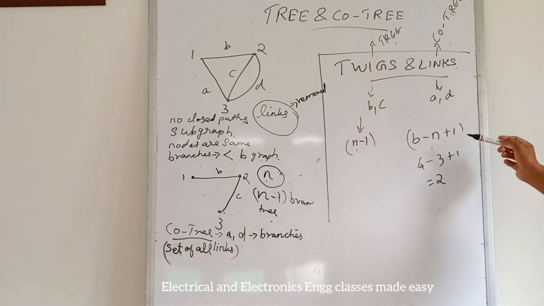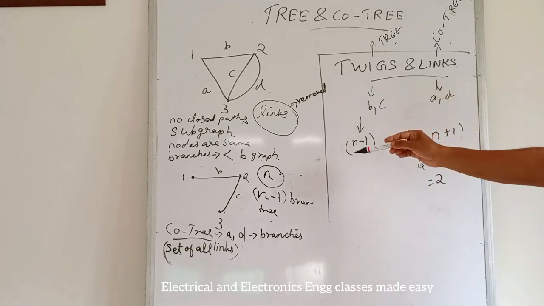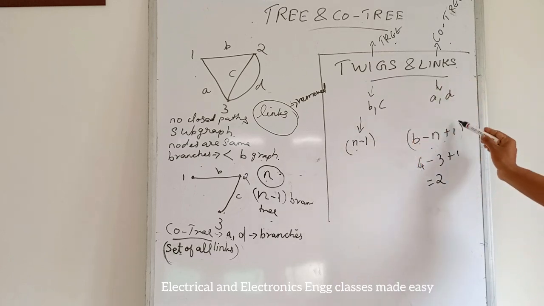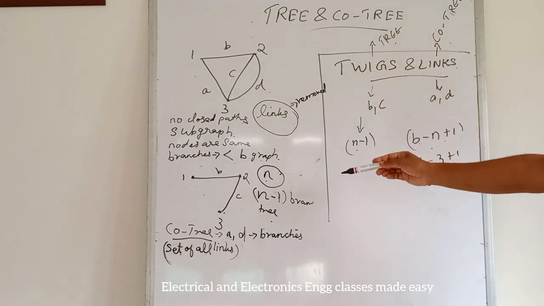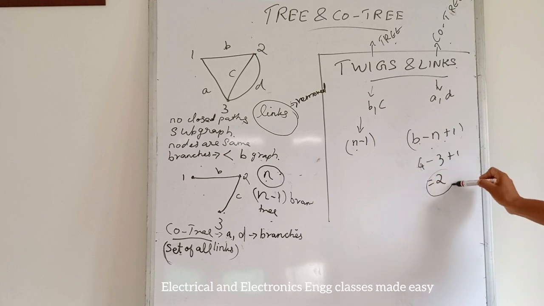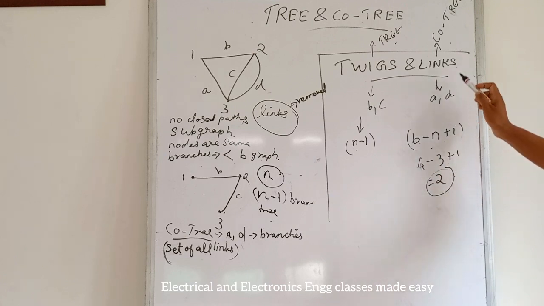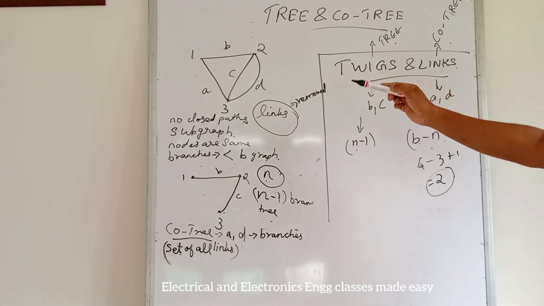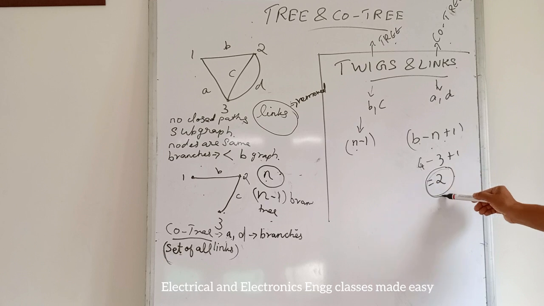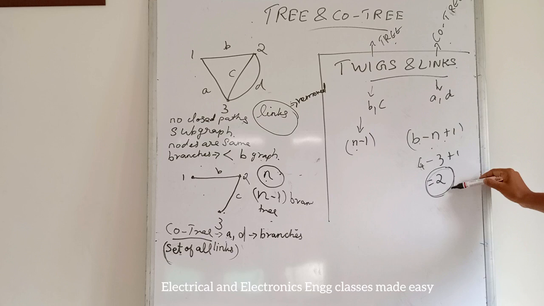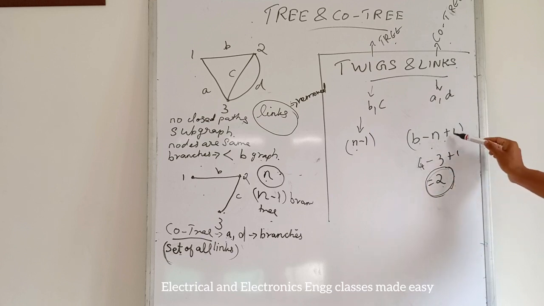If we want to make a tree from a graph, we can use this equation to find the number of branches to remove. That is, we have to remove some branches from a graph to get a tree, so the number of branches or links to remove is equal to b minus n plus 1.